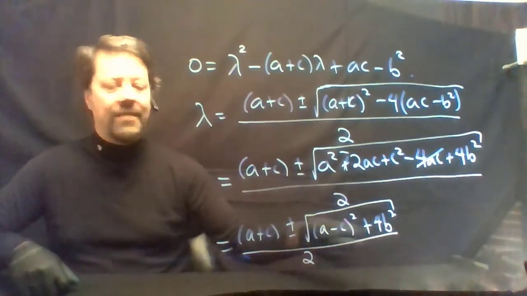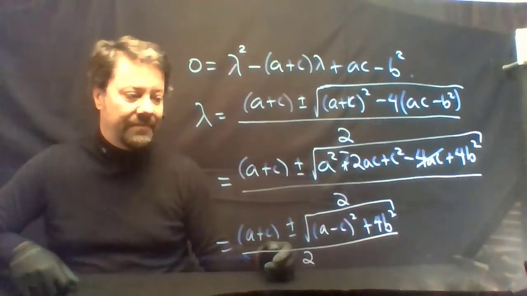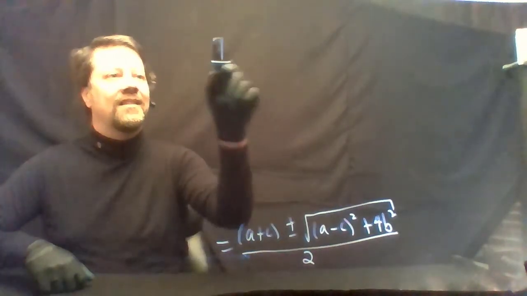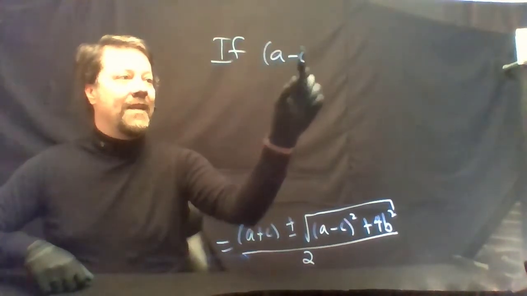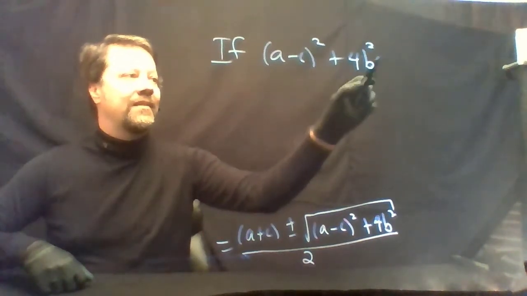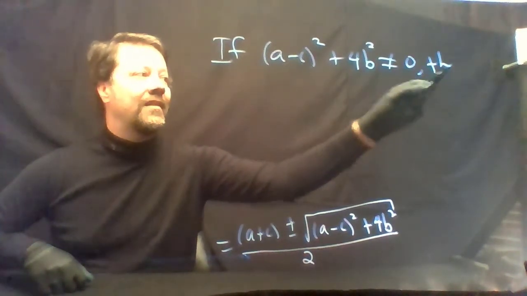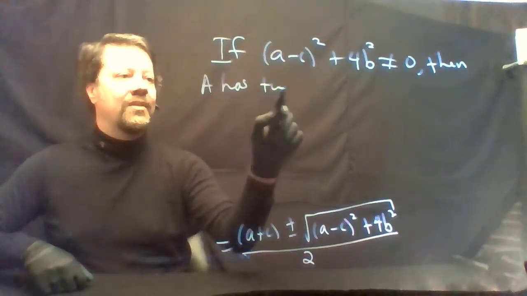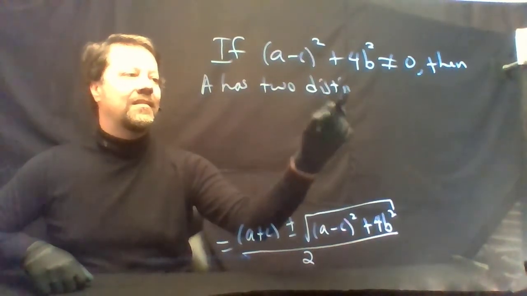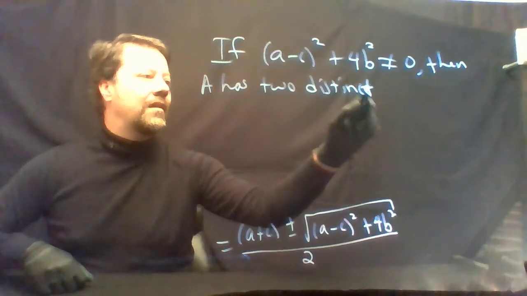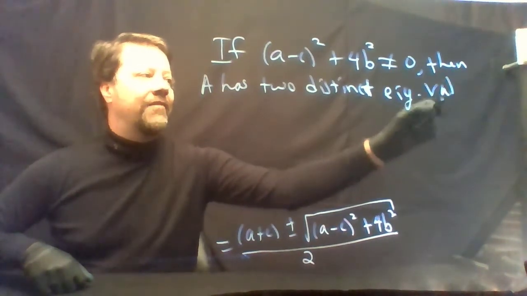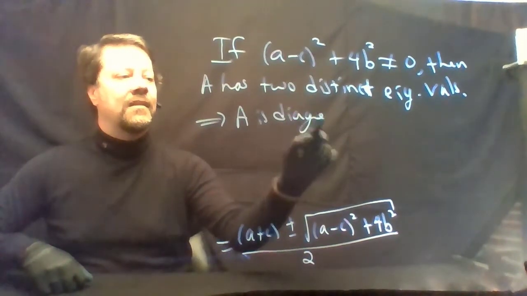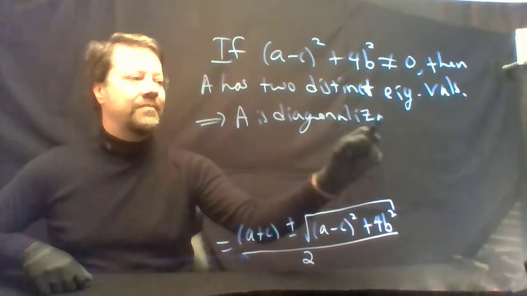Now, provided what's under the radical is not 0, we will have two distinct solutions. If a minus c squared plus 4b squared is not 0, then A has two distinct eigenvalues, and that implies A is diagonalizable.